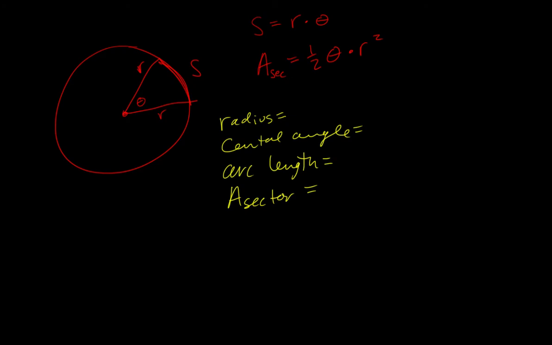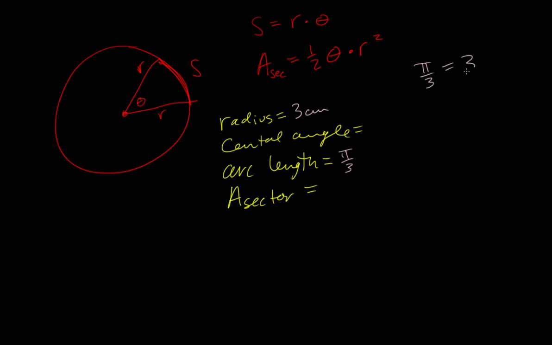Okay, this time we're given the radius to be 3, and let's say centimeters. We don't know the central angle. We're given the arc length to be pi thirds, and we don't know the area of sector, so we want to find those missing pieces. So I'm going to use the top equation to help me find the central angle. We know the arc length is pi thirds.